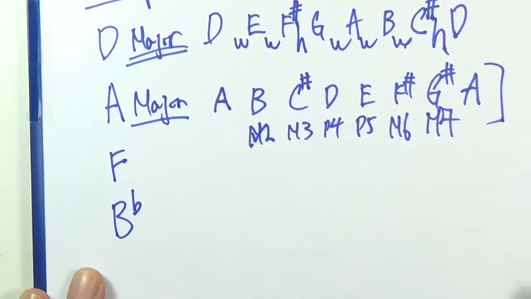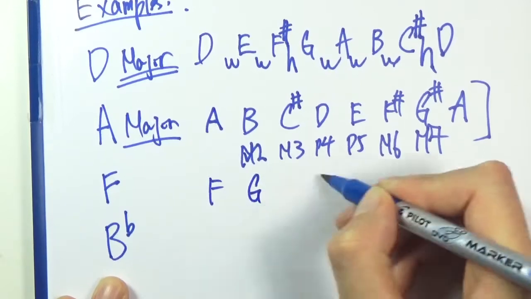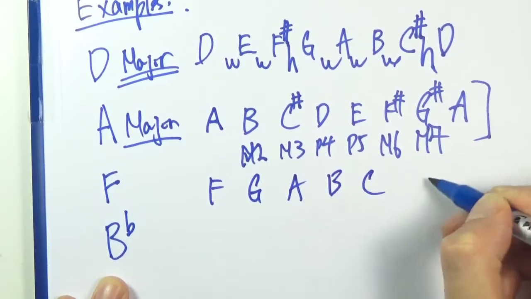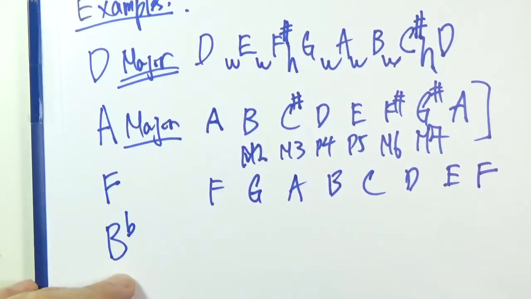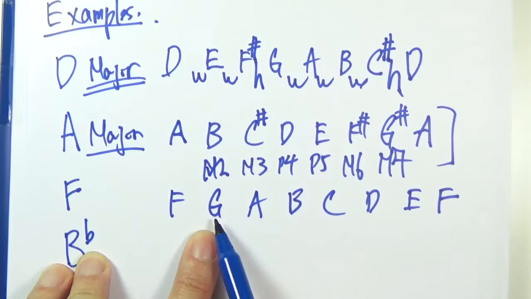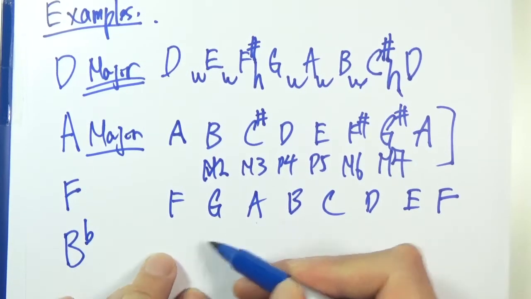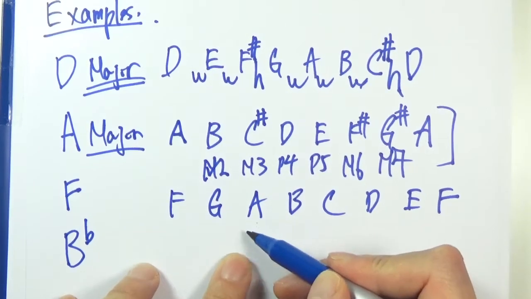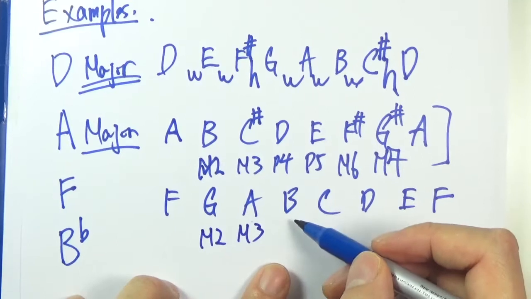Let's go to F. Again, F, G, A, B, C, D, E, F. Let's check the intervals. F, G is a major second, great. A to F would be a major third, so we should be good. Be careful here.